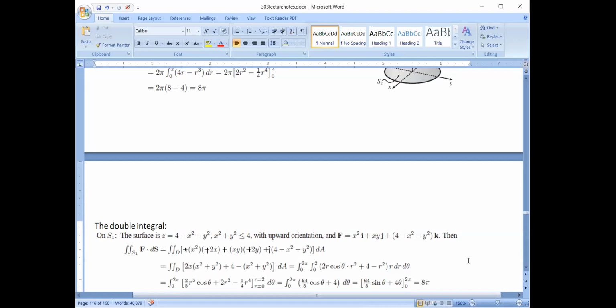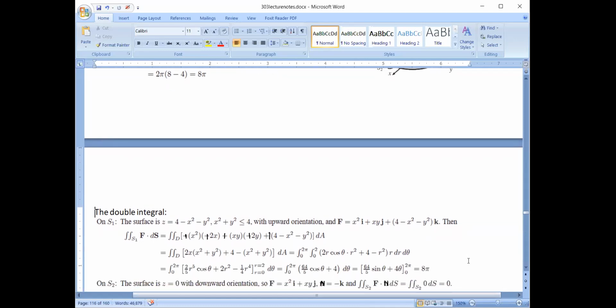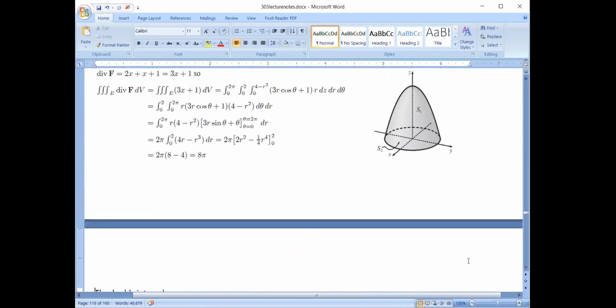Oh, and that's the first surface. We have to do the second surface. So the second surface, the formula is z equals 0. Now notice that because our solid was like this, the normal vector has to point outward from the solid.